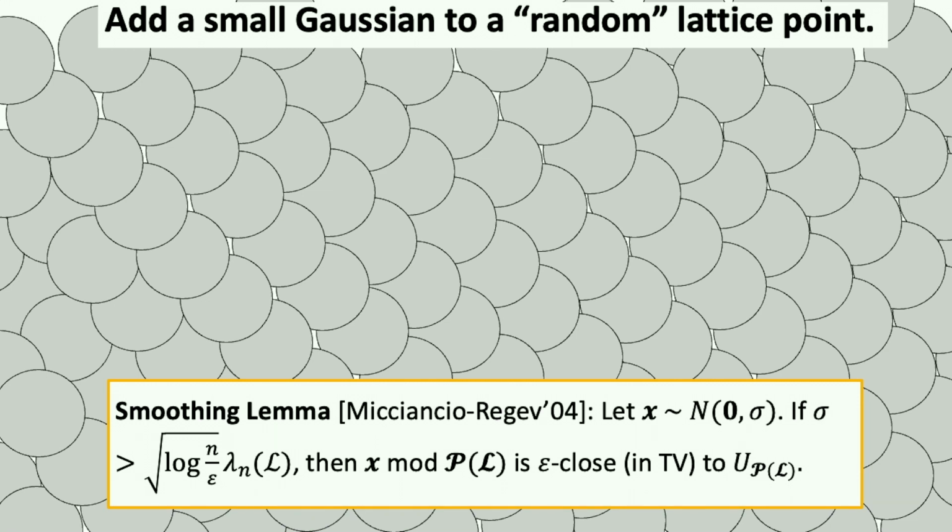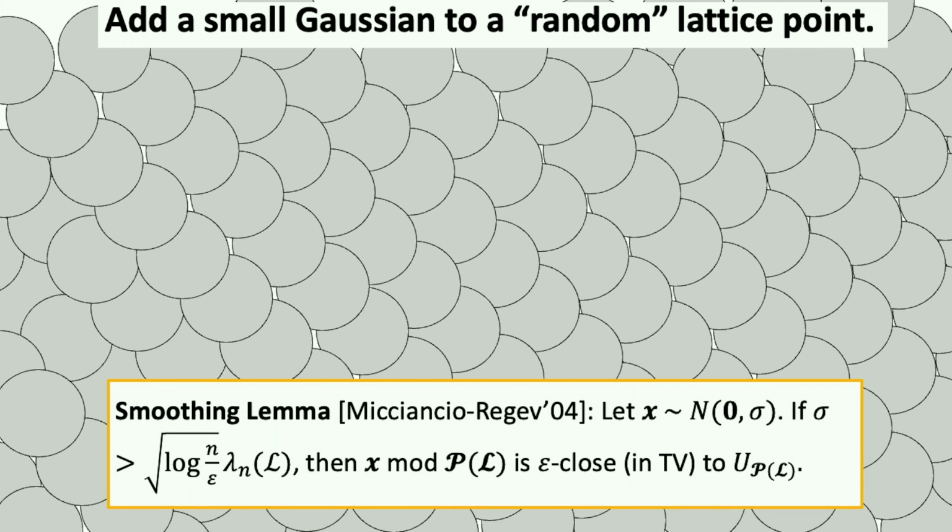But why is it uniformly random? Maybe it covers some areas of space better than others. What is clear is covering; what is not clear is uniformity. At first sight you think it's obvious, then you think again and say, wait a minute, maybe something funny is going on here. It turns out to be true. This is the smoothing lemma.